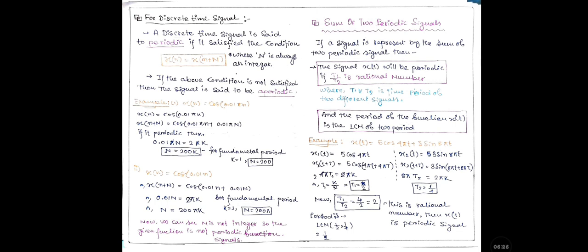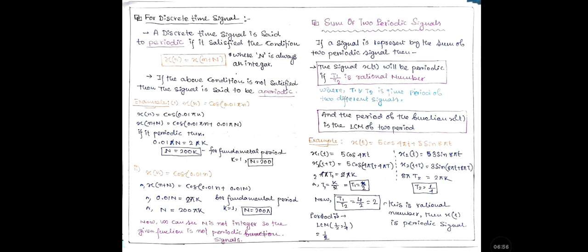Suppose x(t) = 5 cos 4 pi t + 3 sin 8 pi t. For this we take 5 cos 4 pi t as x1(t) and 3 sin 8 pi t as x2(t). After solving this, we get T1 = 1/2 and T2 = 1/4 for the different periodic signals.